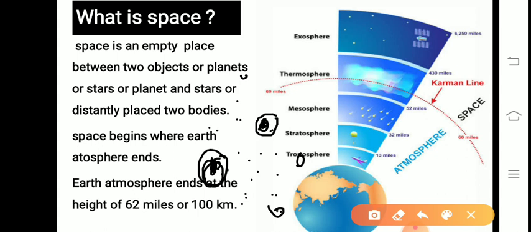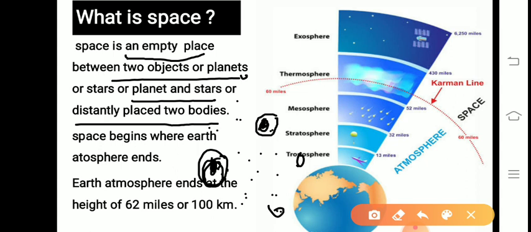So space is nothing more than an empty place, and that is why I mention here in the definition: space is an empty place between two objects, planets or stars, or a planet and a star, or any two distantly placed bodies. Clear?